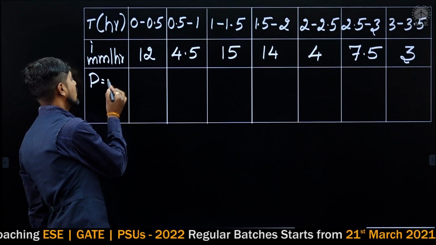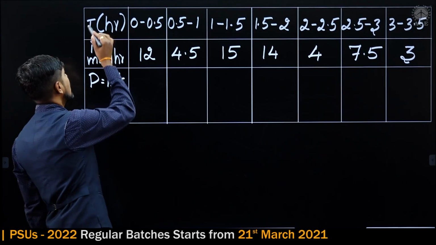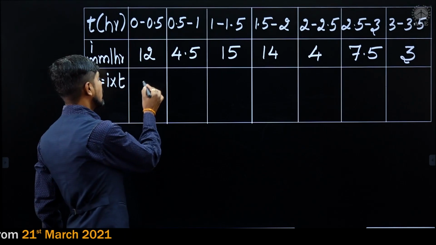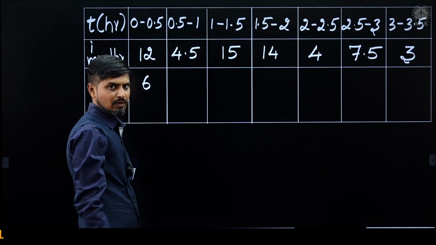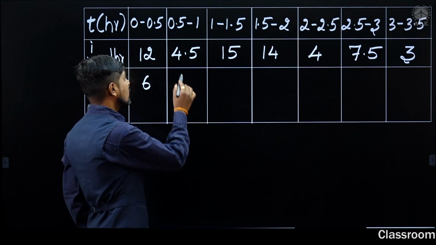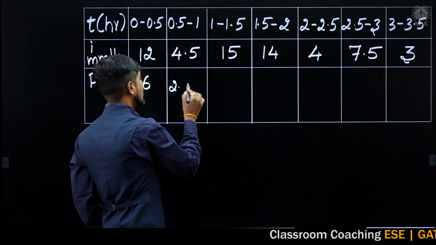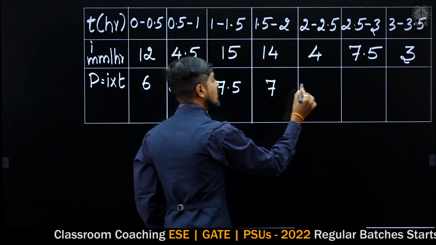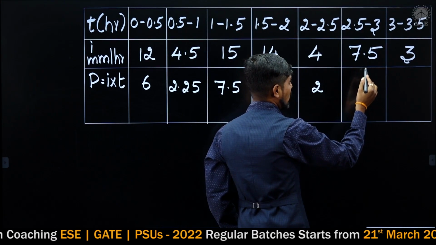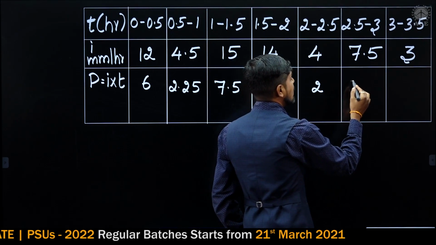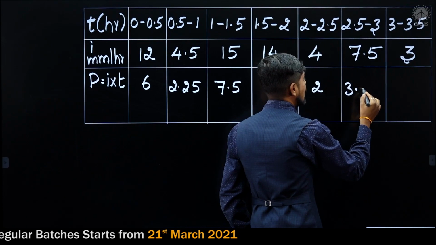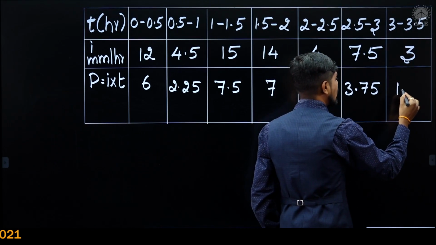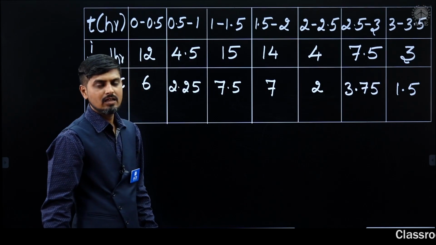Basically P is equal to I into T. So I into T, you will get the rainfall depths. 12 into 0.5, you will get 6. 4.5 into 0.5, this is 0.5 to 1 means half an hour interval only, that is 2.25. 15 into 0.5 is 7.5, and so on. 7.5 into 0.5 is 3.75, 3 into 0.5 we'll get 1.5. So these are the rainfall values.